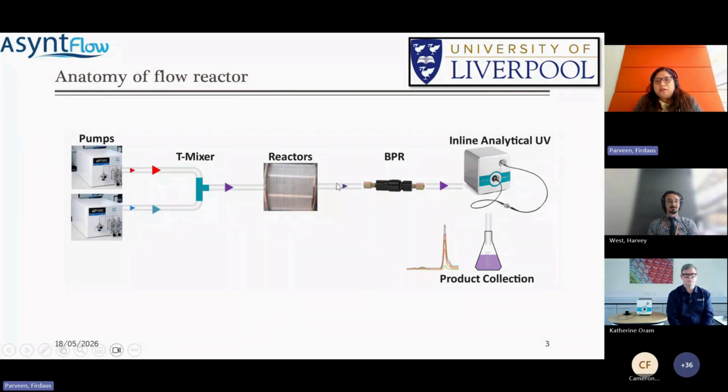And the outlet stream passes through a back pressure regulator. This back pressure regulator is required to maintain the upstream pressure, and this allows us to heat the solvent well above their boiling point. The reaction mixture can pass through the inline analytical UV or any PAT analytical techniques to monitor the reaction mixture, and the product or reaction can be collected continuously.